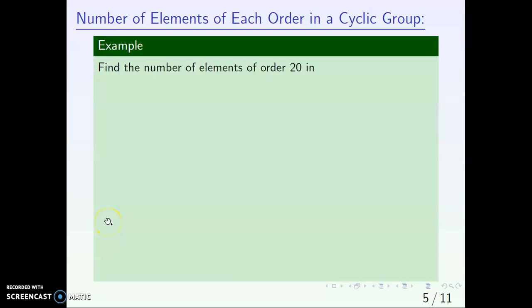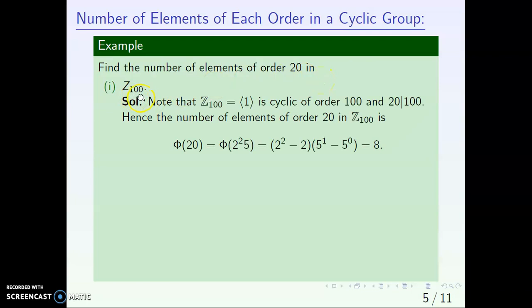As an application, we have the following example. Find the number of elements of order 20 in Z100. Solution. Note that Z100 is the cyclic group generated by 1, and the order of this group is 100. Also, 20 divides 100.